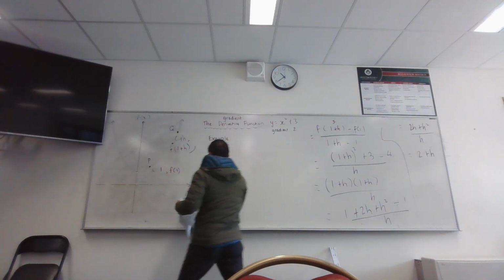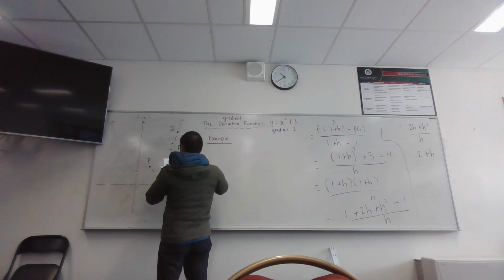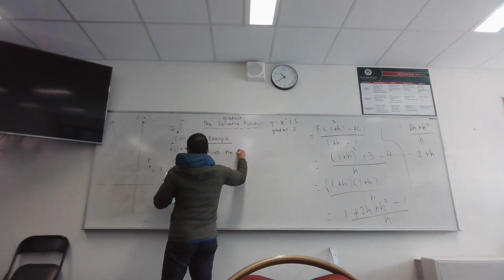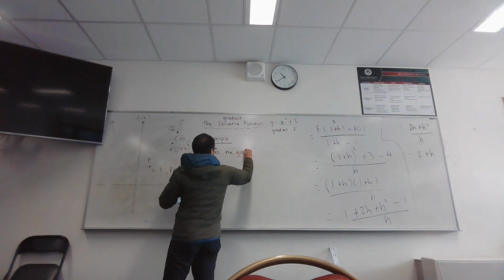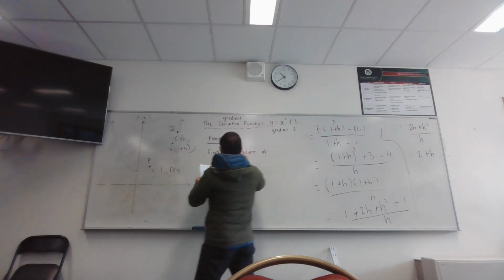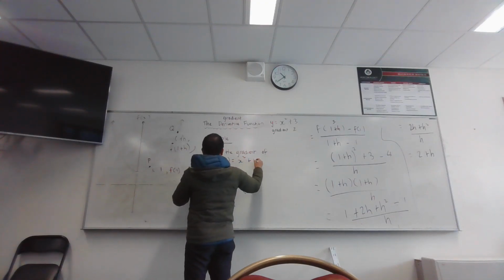Just keep that in mind. This will be our next lovely question. Very similar. Get a piece of paper, grab it out, have a bit of practice. I've changed the equation. X squared plus 1.